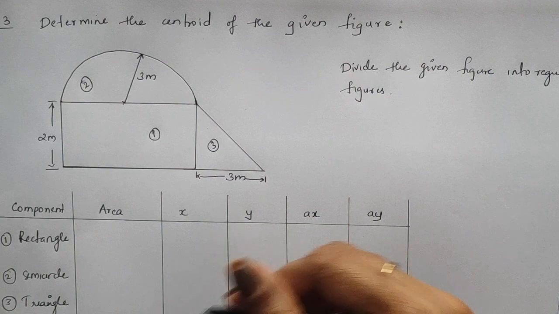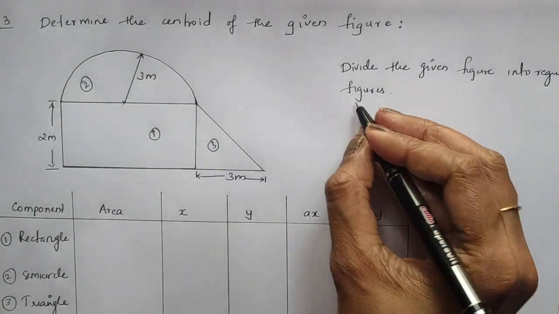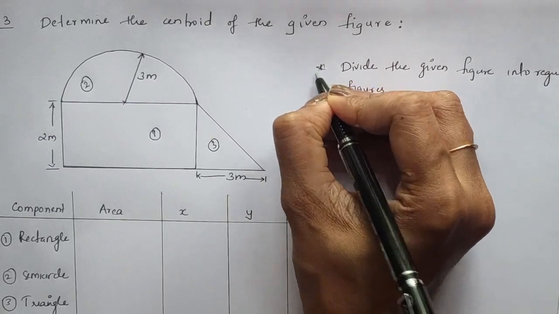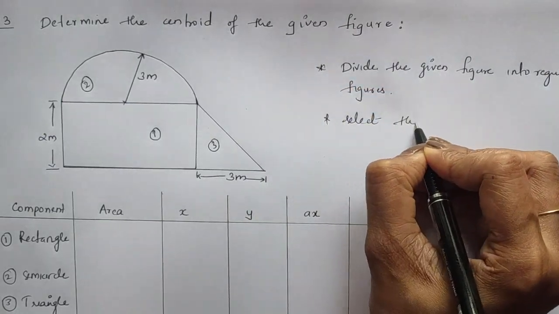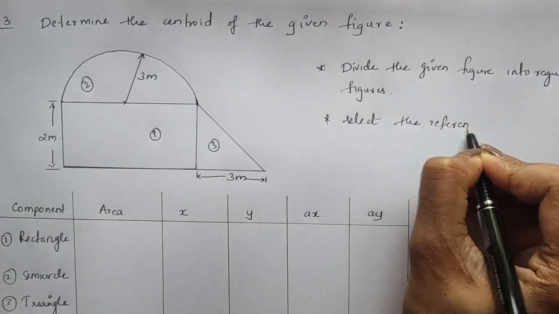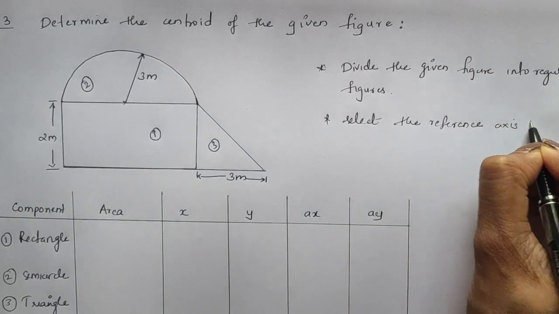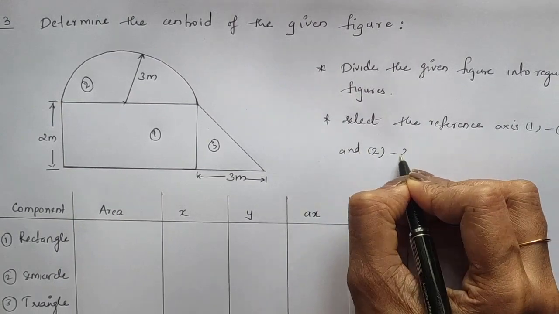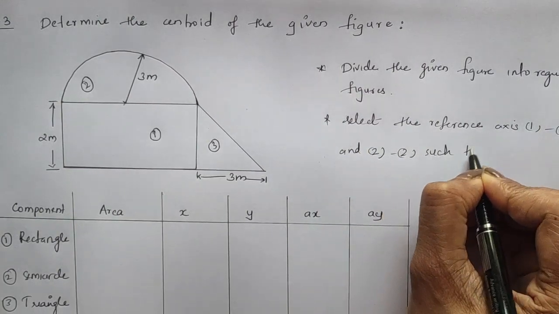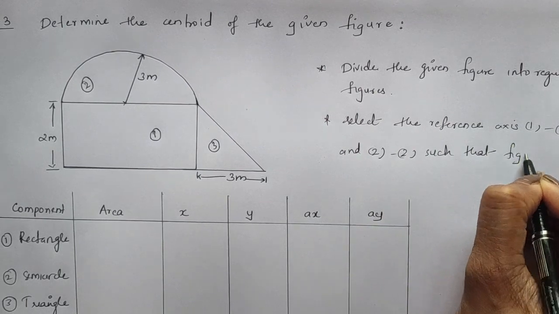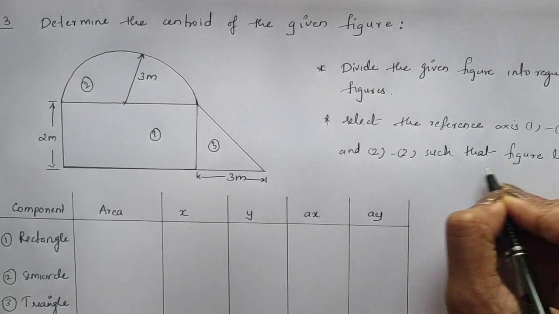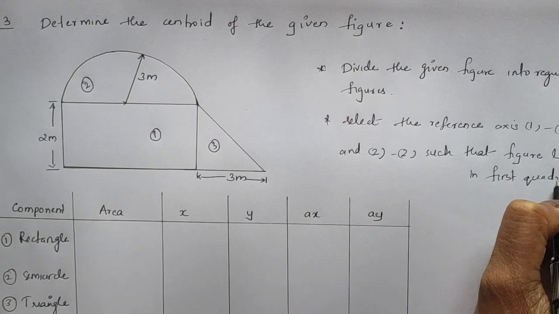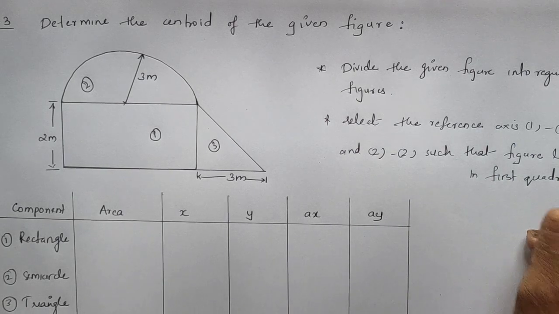Okay, next thing that you need to do is select the reference axis. So that is the first step. The second step is select the reference axis 1-1 and 2-2 such that the figure lies in the first quadrant.